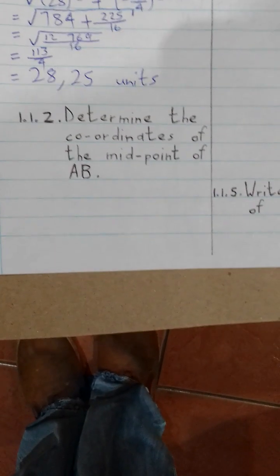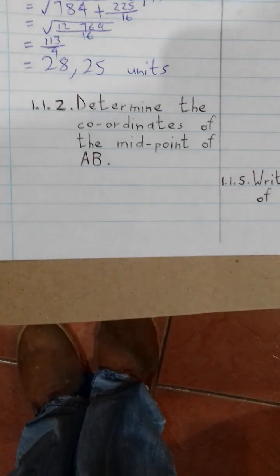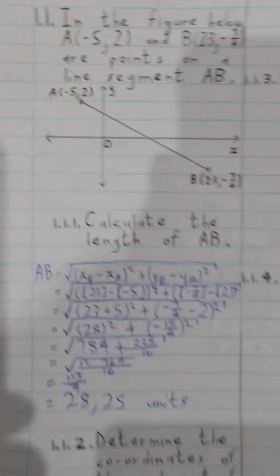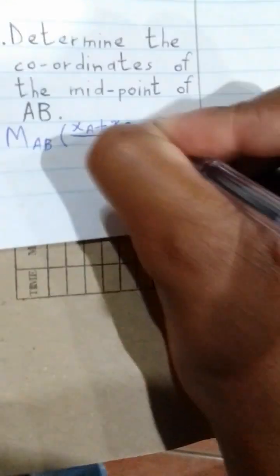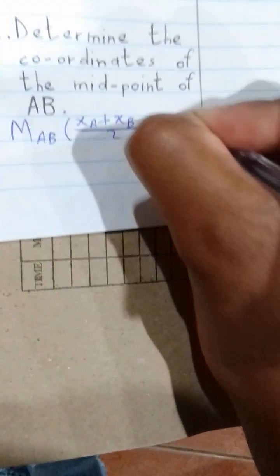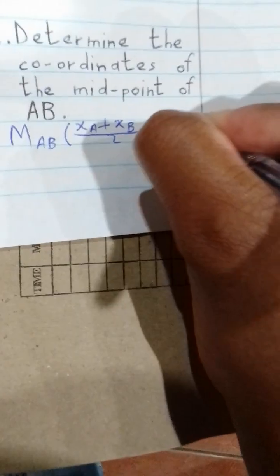1.1.2 states, determine the coordinates of the midpoint of AB. Midpoint is the middle point, so the midpoint of AB is (xA plus xB over 2, yA plus yB over 2).